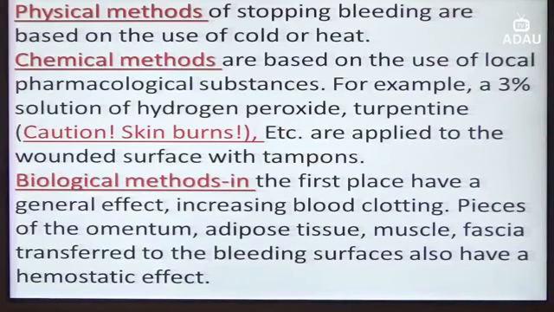And for biological methods, in the first place, they give a general effect, increasing blood clotting. Increasing blood clotting is very important. When we use biological methods, we can put pieces of the omentum, adipose tissue, muscle, or fascia transferred to the bleeding surface, and they also have a hemostatic effect.